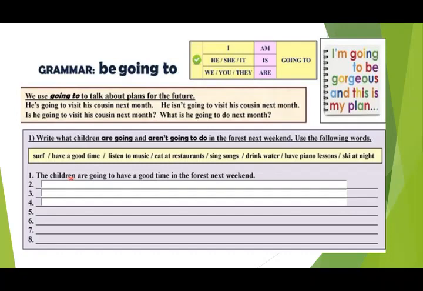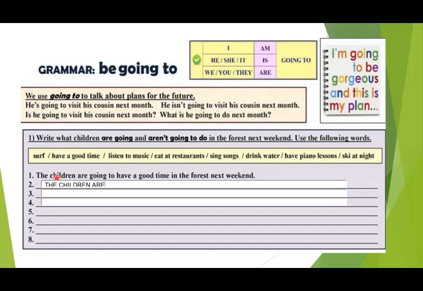¿Cuál sería? El are going to or aren't going to. ¿Qué sería, chicos? Sería aren't, right? Aren't. In this case, you have to write the children aren't. Porque no podemos decir que en el bosque van a navegar, ¿verdad?